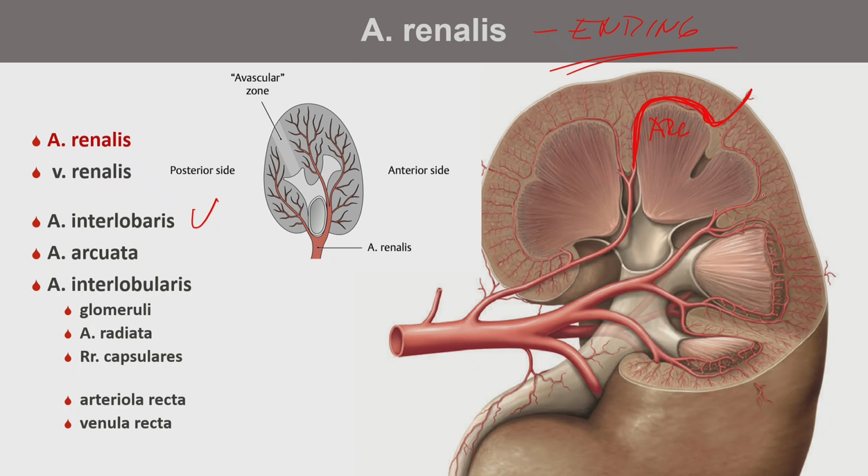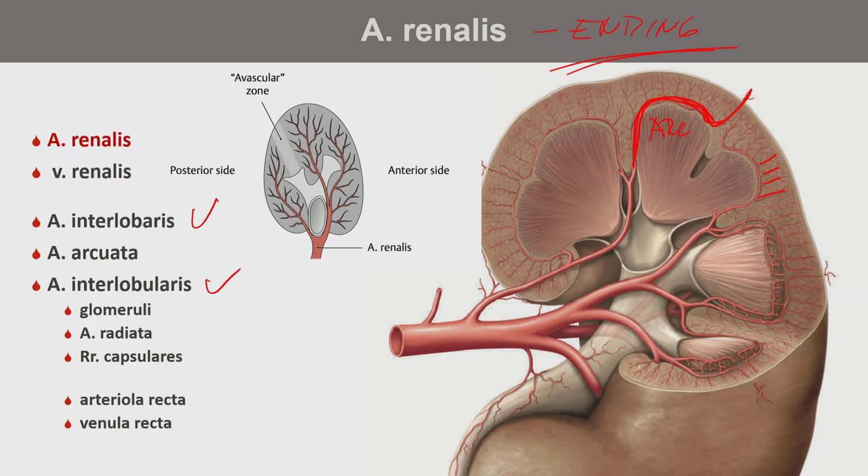And from the arcuate, small arteries are going which are called interlobular. So interlobar and interlobular. And those interlobular arteries bear glomeruli on their branches. So they are supplying those arterial structures which are producing primary urine.